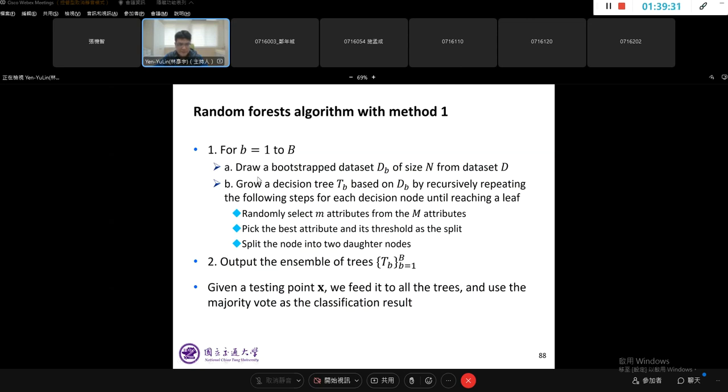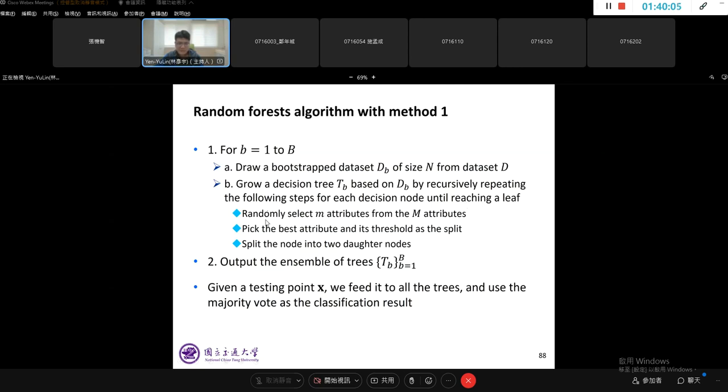Step A is to construct a bootstrapped dataset DB of the same size from the original dataset. So this bootstrapped dataset DB is used to construct the decision tree. So we want to grow our decision tree TB based on the bootstrapped dataset DB by recursively repeating the following step for each of the decision nodes until reaching a leaf.